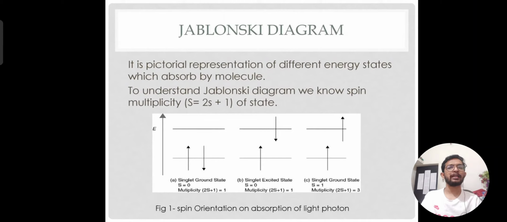So we can say that the molecule is in a singlet state. Whereas in figure 3, the spins are parallel. Therefore, s1 plus s2 is 1 and thus 2s plus 1 is 3. The spin multiplicity of the molecule is 3 and we can say that the molecule is in a triplet state.